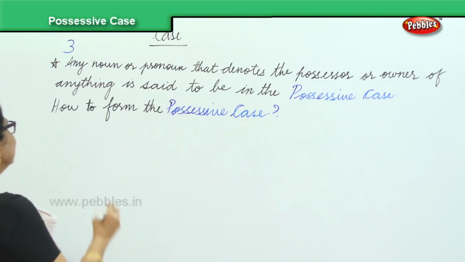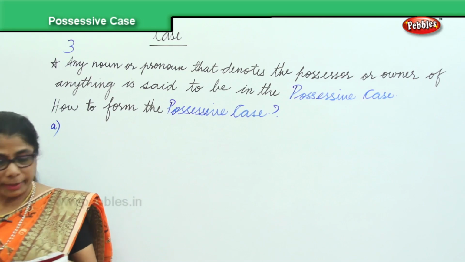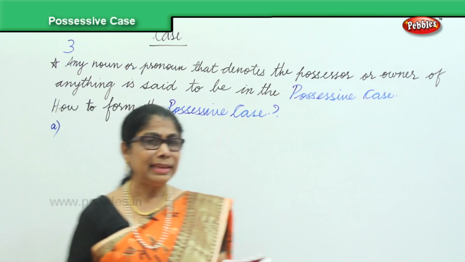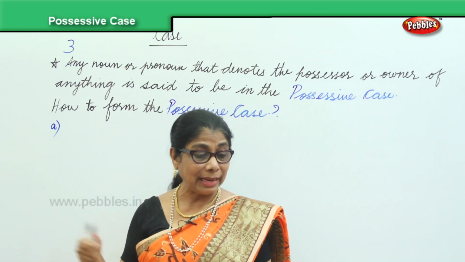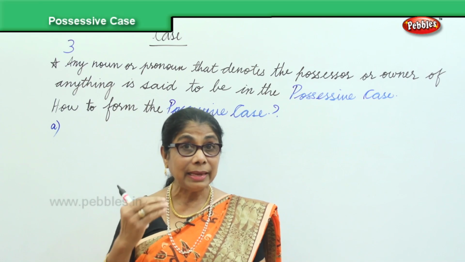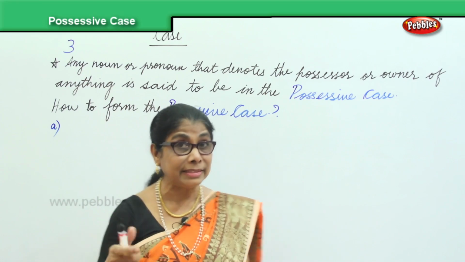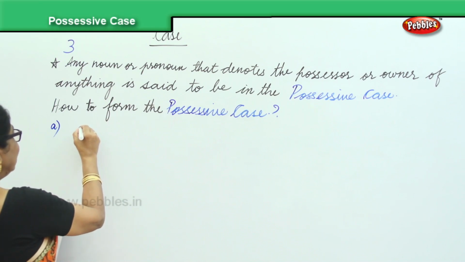How? There are 3 different ways of forming. The first one, examine the nouns in the sentences that I'll give you. The nouns in the possessive case in 3 different cases. So now the first one I'll give you is, look at the nouns.